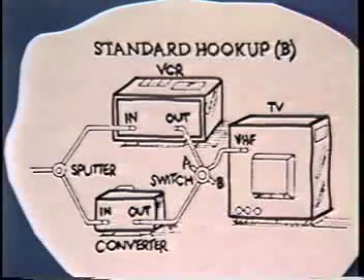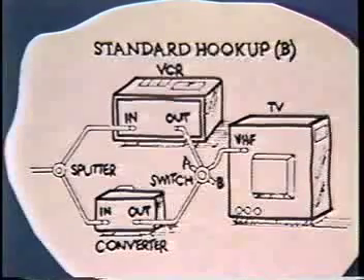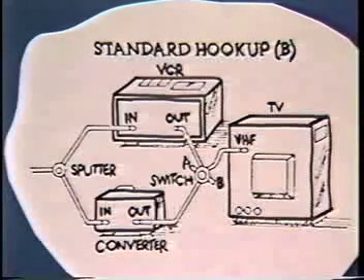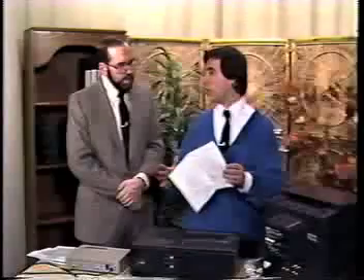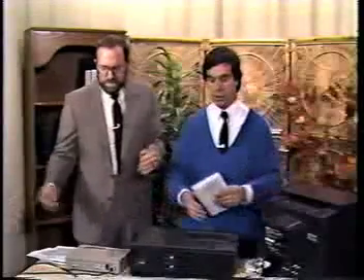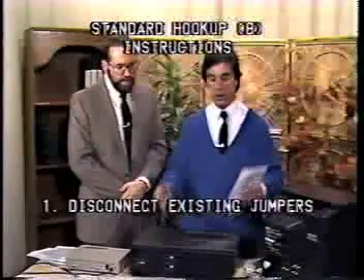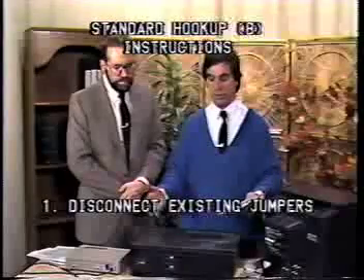So we've picked application B, and we're going to wire it up as it's shown inside instructions B. Now you'll see that the first instructions are to disconnect all of the jumpers, and we've done that here.